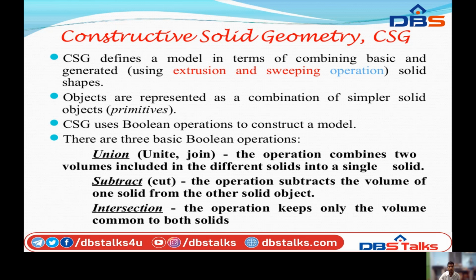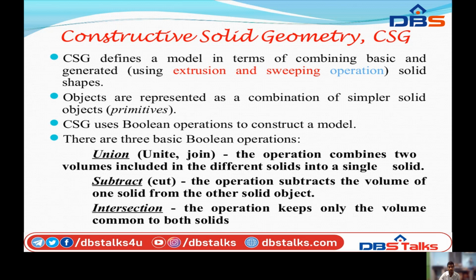Next, objects are represented as a combination of simpler solid objects. Recently, I told you about primitives like cone, cylinder, etc. Here, CSG, constructive solid geometry, uses Boolean operations.